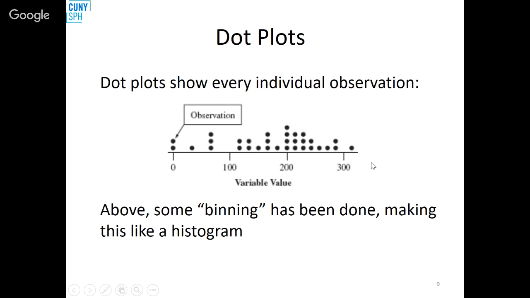This is another way it's done sometimes, where you actually stack up the dots, so it becomes almost like a histogram. This is something you could do with a discrete variable, or if you did some grouping together or binning of a continuous variable.